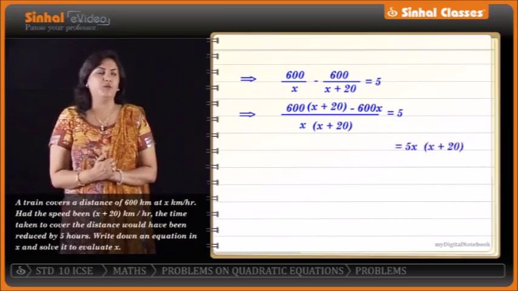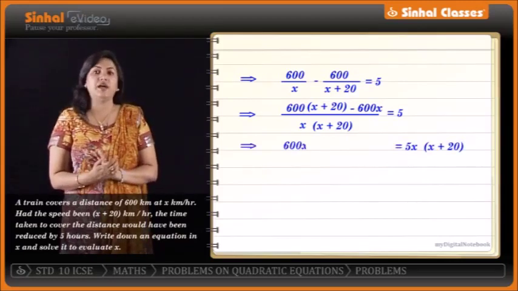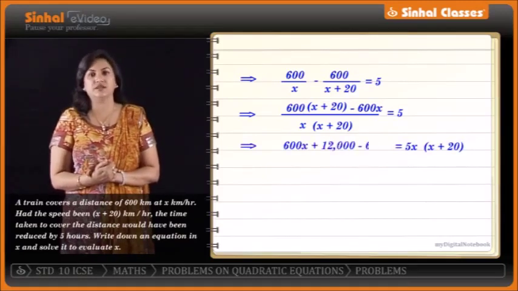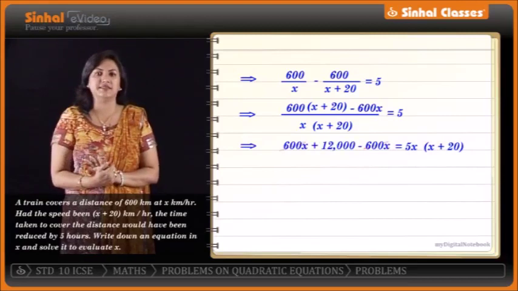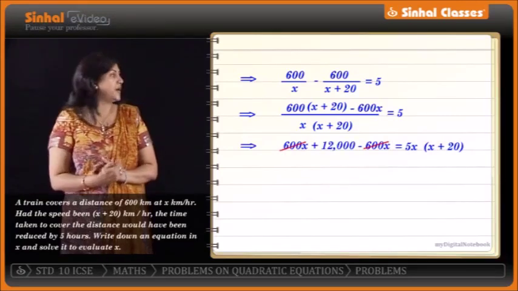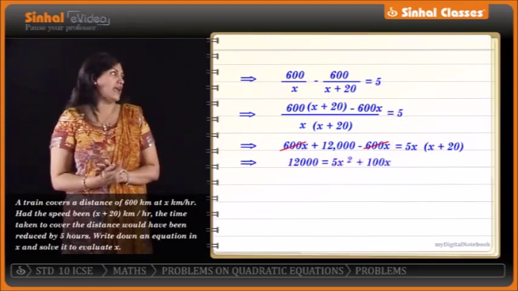On the left, open the brackets, we get 600x plus 12,000 minus 600x. 600x minus 600x cancels. We have 12,000 is equal to 5x square plus 100x.